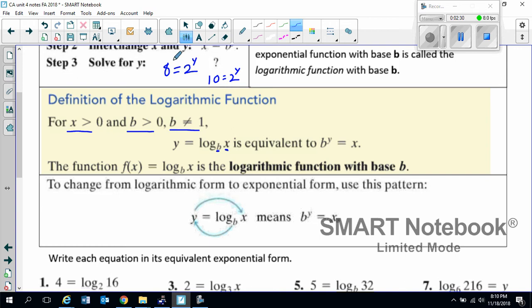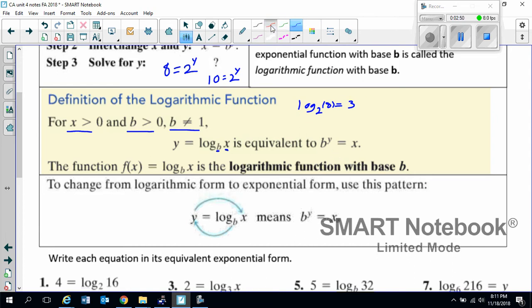Going back to the example up here, if you had log base 2 of 8, the answer is 3, because what this is asking is 2 to what power gives you 8? That's all it is, and so this answer would just be 3.